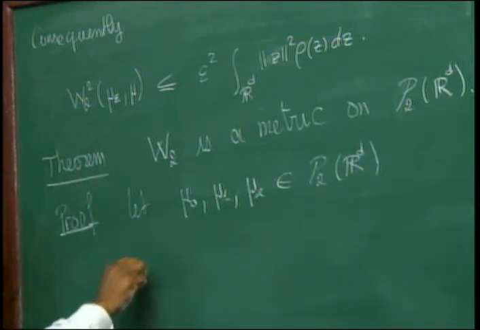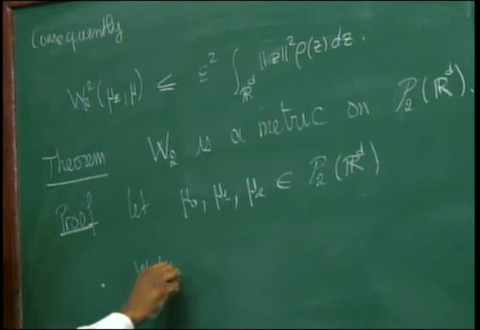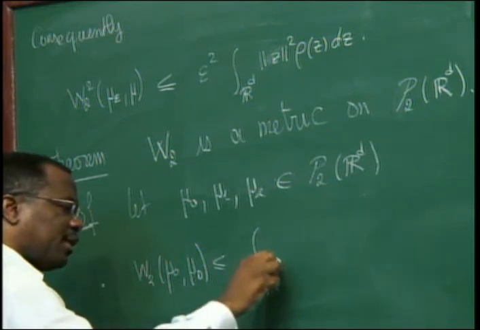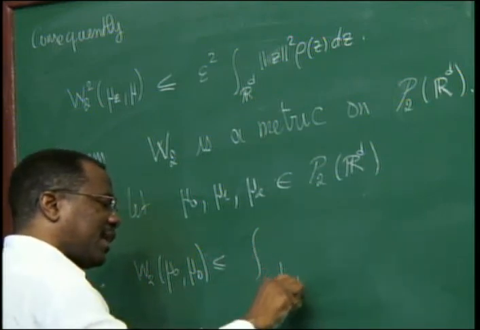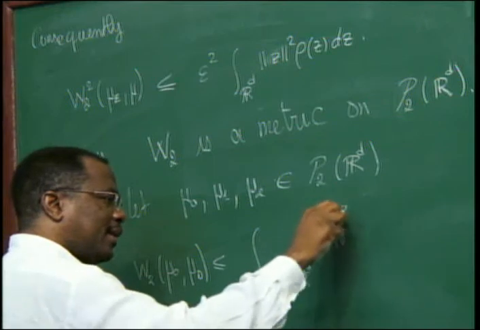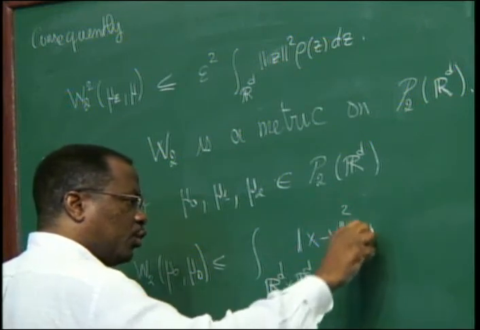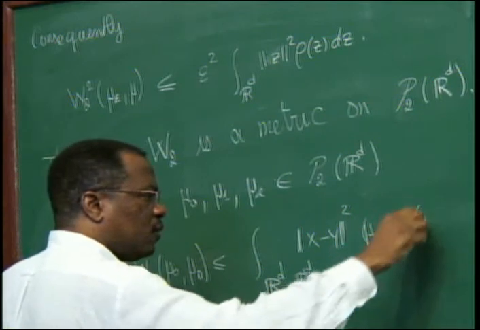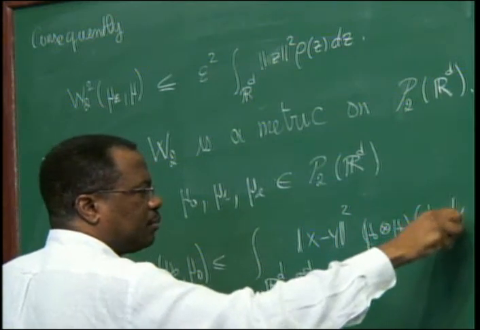First, W2 of mu naught with itself is less than the integral over Rd cross Rd of x minus y square mu naught ds dy.